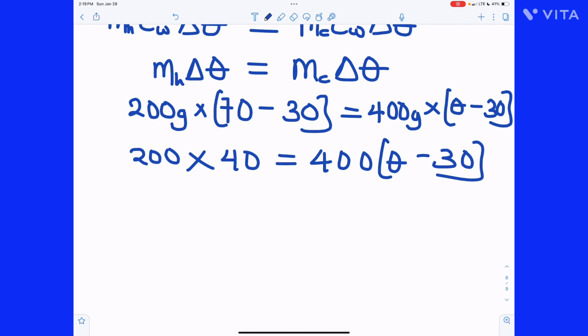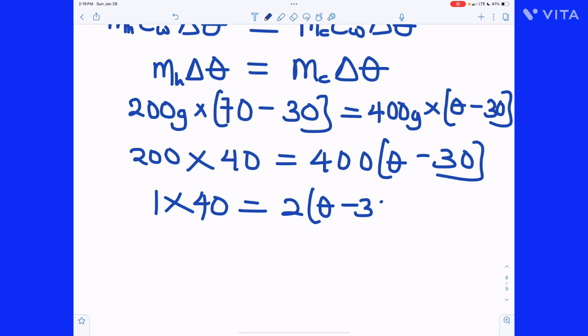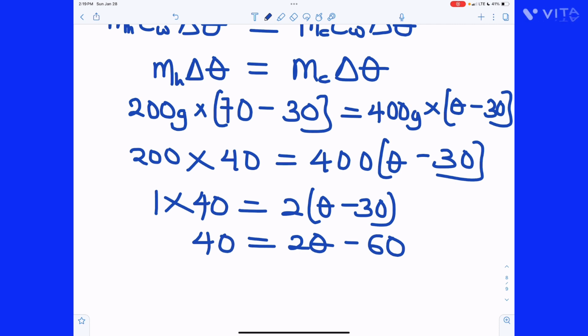So what does this give you? 200 here 1, 200 here 2. So 1 times 40, 40. Let me just try and write as neatly as possible. Then 2 times theta minus 30. This will give you 2 theta minus 60. This will give you 40. So 40 plus 60 is what? 2 theta.